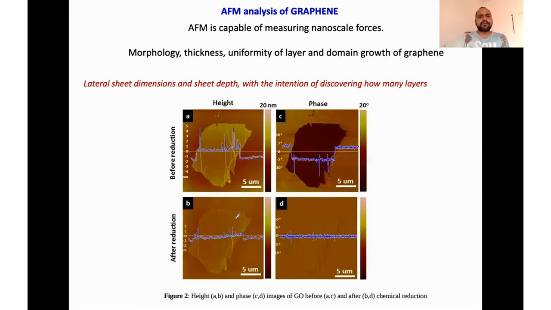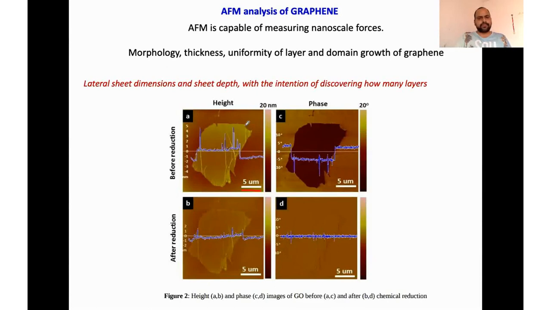Or in this phase image you can see here, this is almost 1 nanometer thick. This is the image when we have graphene oxide, and when the graphene oxide was reduced, the surface functional groups are removed.